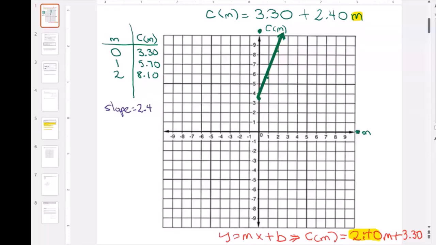It's $2.40, but we can call it 2.4. We can say that's the same as my rate of change. And you can see that there's a constant rate of change. 2.4 is a constant. Okay, and that's what helps make this line go in a certain direction.